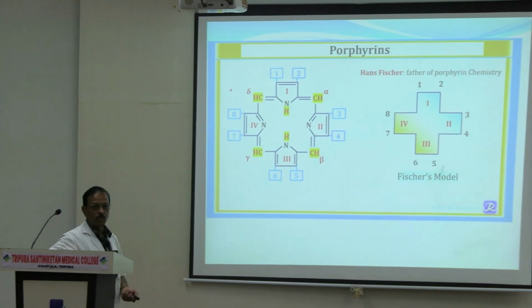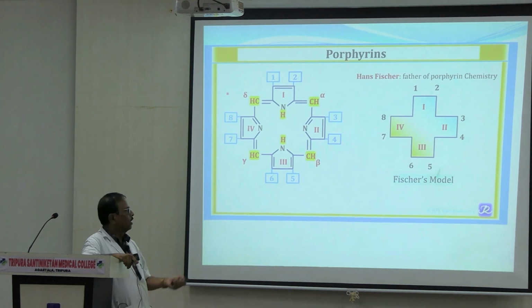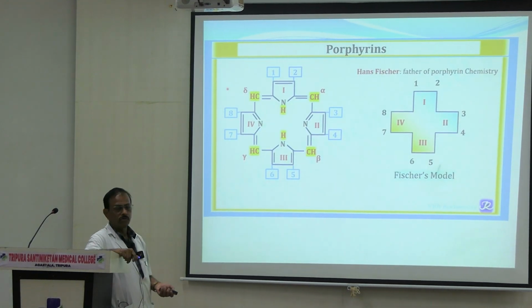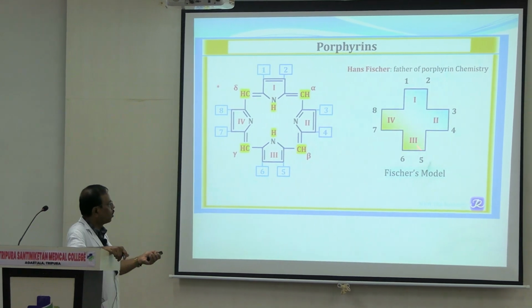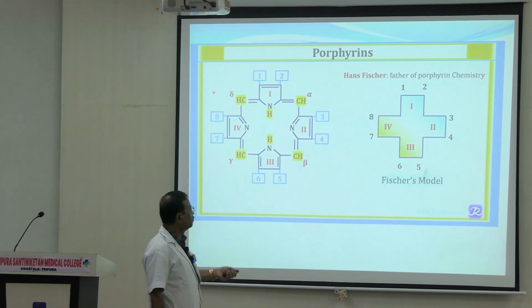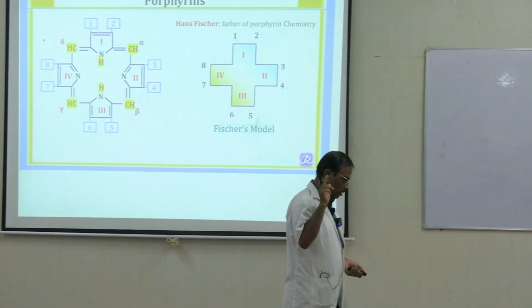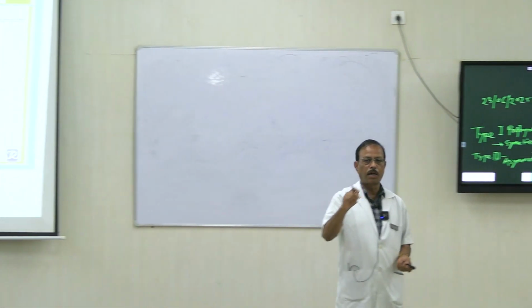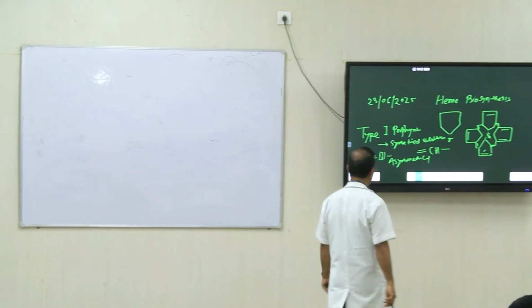So the father of porphyrin chemistry gave a model of porphyrin structure, in which the porphyrin ring is replaced by a bracket.